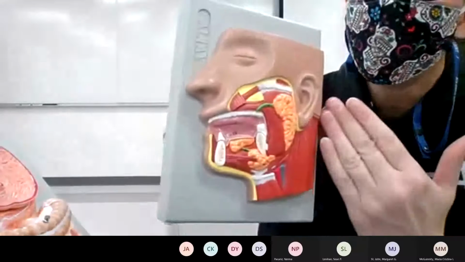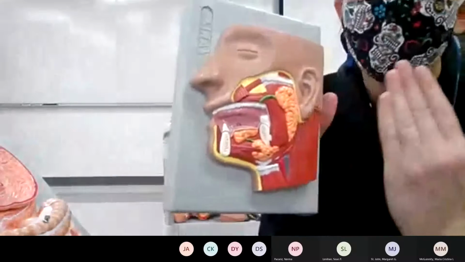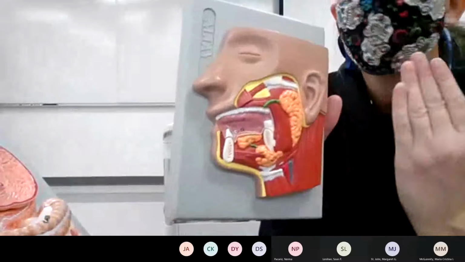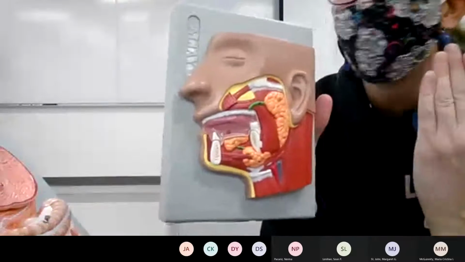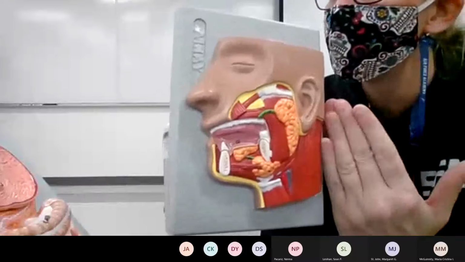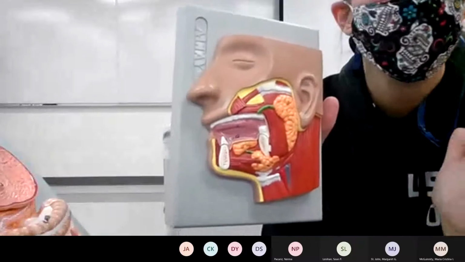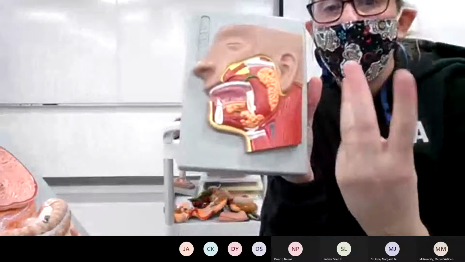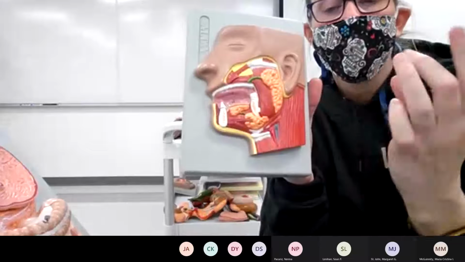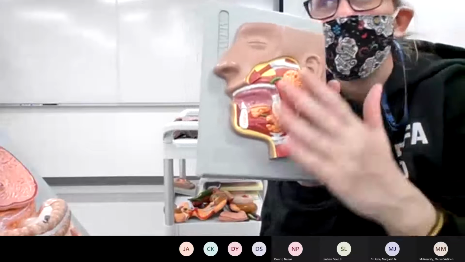Now, you might also have a little bit of salivary lipase. Some of your lipase enzyme is going to start the chemical breakdown of fat, so triglycerides can be broken into fatty acids and glycerol. So technically, out of the 3 big groups of food, you start chemically breaking down 2 of them in the mouth.